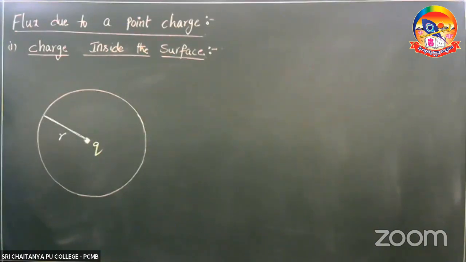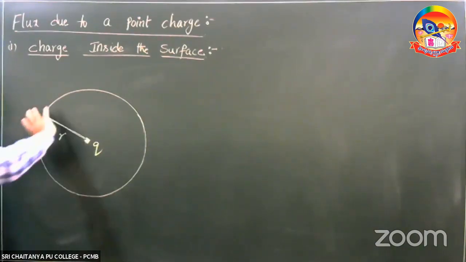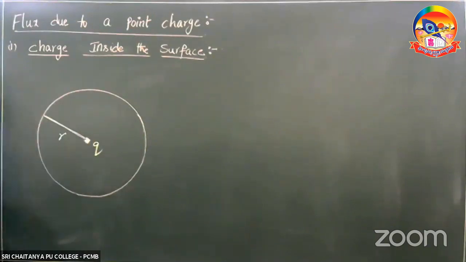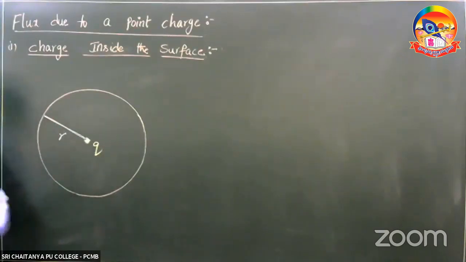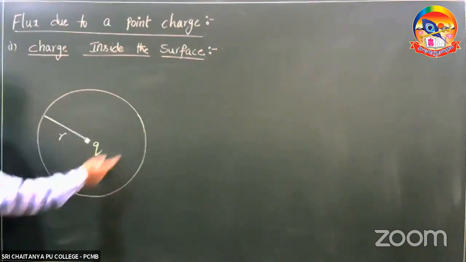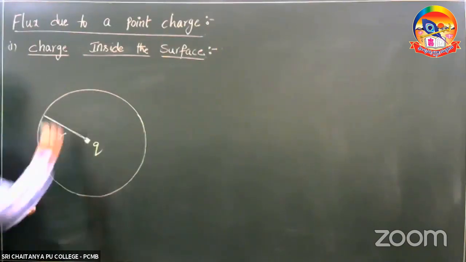Now the question is, what is the flux through this sphere? Sphere in the sense of a closed surface, which is enclosing the charge. On the board it appears like a ring, but it is not a ring. It is a sphere.